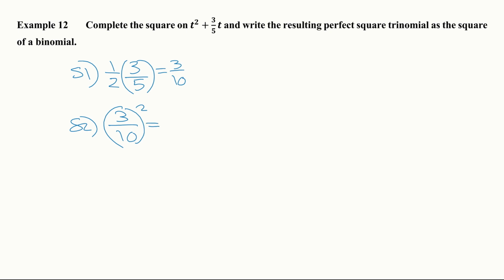So take half the coefficient of the first degree term, and then in the second step, square that to get 9 over 100. So now I know that if I take t squared plus 3/5 t and I add 9 over 100 to it, I've created a perfect square trinomial.